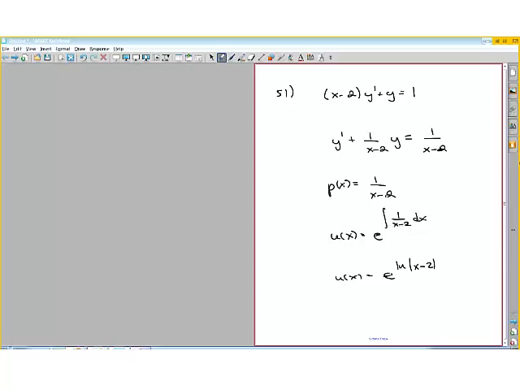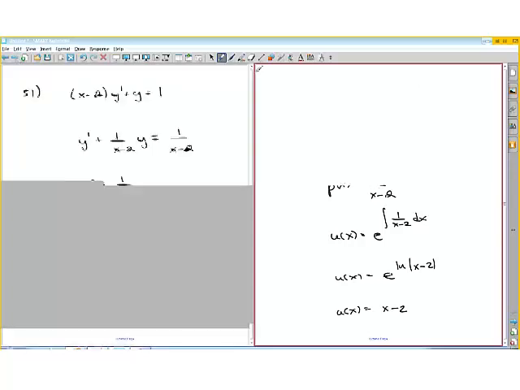So you integrate that and you get the natural log of the absolute value of u, substitute u back in, you get that. And we can use the inverse properties of logarithms and exponential functions to rewrite that as just x minus 2. So that's the result.